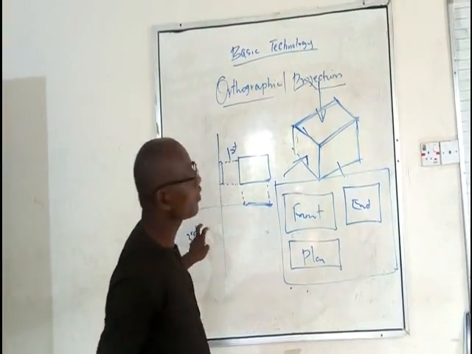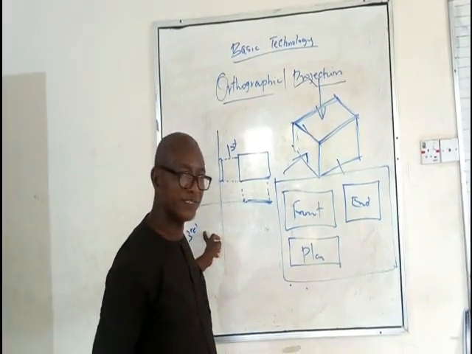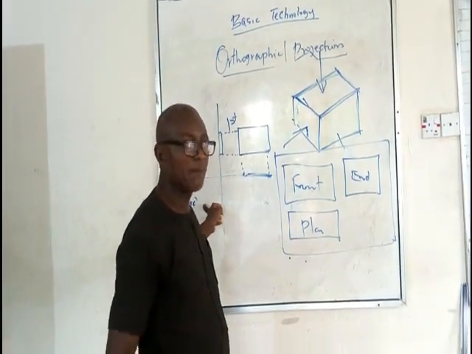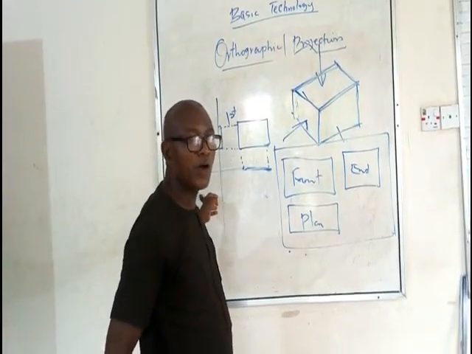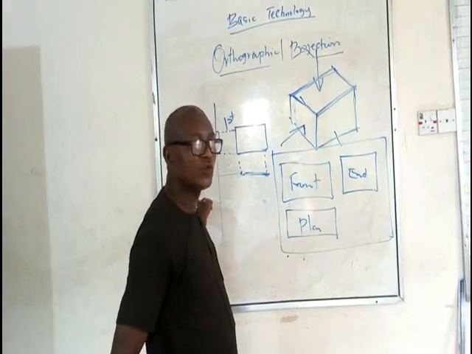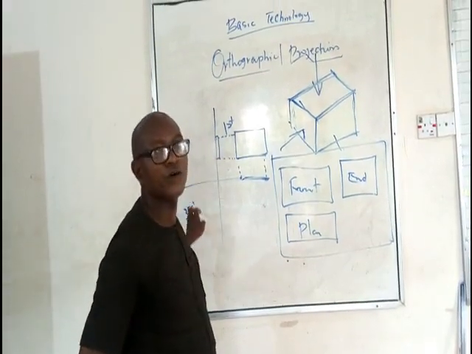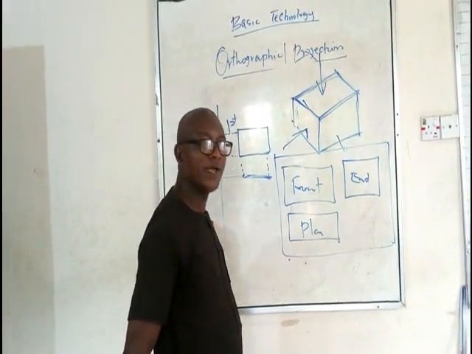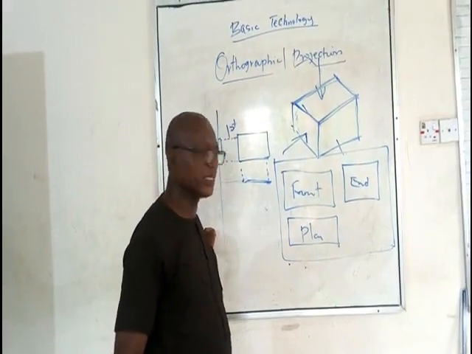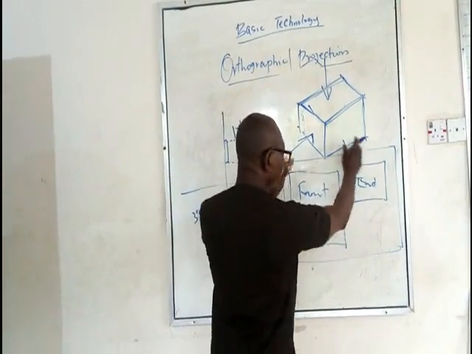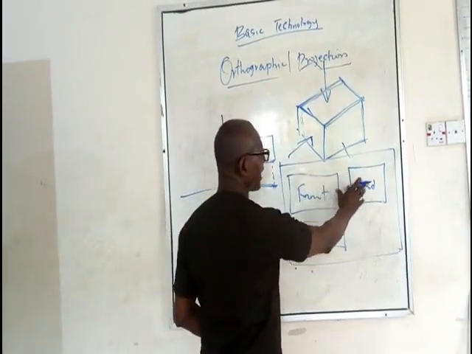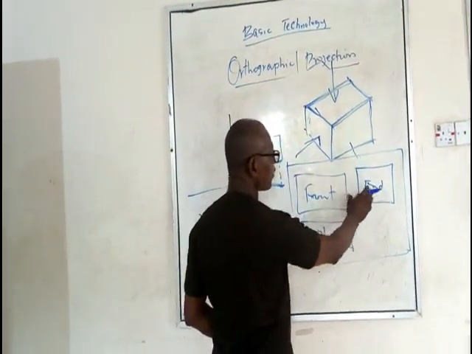But in third angle projection, it is the reverse. In this case, the plan of that object will rather be above the front elevation of the object. For example, here, this becomes a typical example of first angle projection.